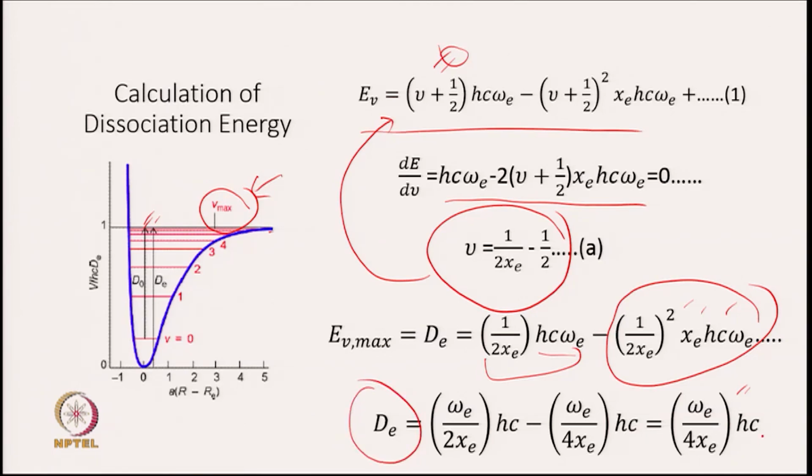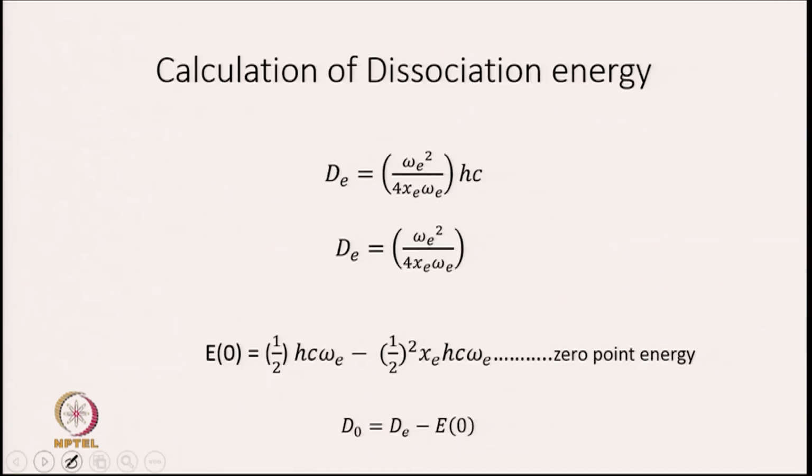So, this is dE in your energy unit, and if you divide by hc, then you will get dE in wave number unit. So, dE is given by omega e square by 4 Xc omega e hc. This is in your energy unit, whereas if you divide by hc, you will get dE in wave number unit. If you subtract E naught, which is the energy of V equal to 0, or the zero point energy, then what you will get is what is known as d0.